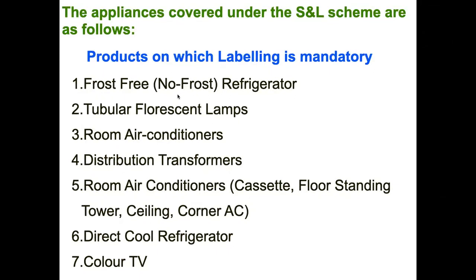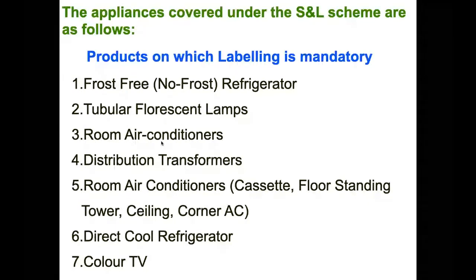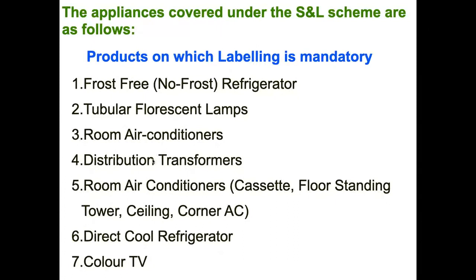So now for that refrigerator the label should be mandatory, and also for tubular fluorescent lamps, right? That is also mandatory. We have to put such labels: 1 star, 2 star, 3 star, 5 star, right? And room air conditioners, as I told you, the example has been given, right? Room air conditioners are mandatory to give a star rating. Even distribution transformers, that is also very important.